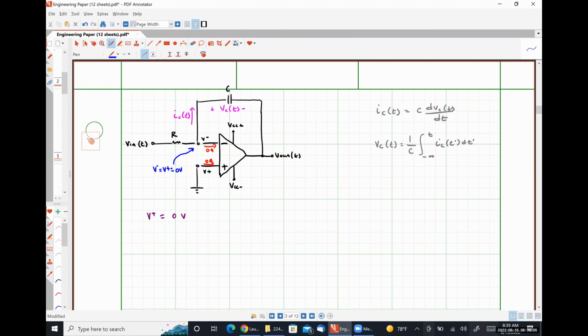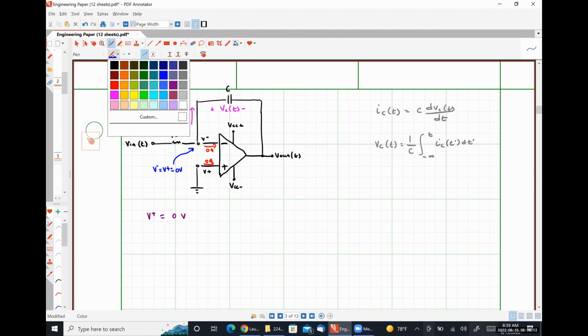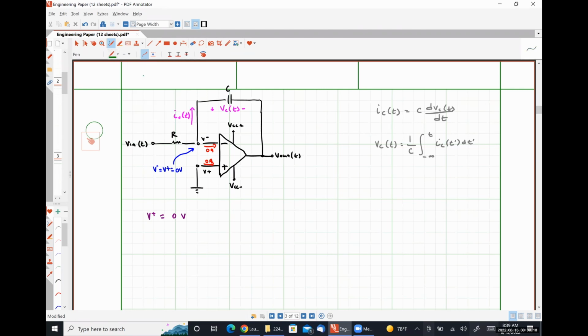And now I'm going to apply Kirchhoff's current law at my inverting input node. I'm going to do this very slightly differently than I've done previously. I'm going to use the formulation of KCL that says the current flowing into a node is equal to the current flowing out of the node.